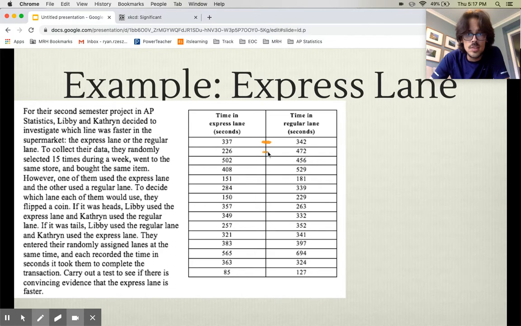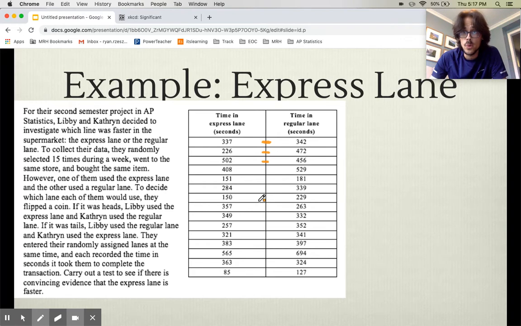The same thing with these next two numbers and these next two numbers, etc. So instead of analyzing the two separate data sets, when you have two data sets that are really linked together, because when they went at these different times, maybe the store was pretty busy right here, where at this number it wasn't as busy and stuff like that, each pair of numbers is sort of on the same playing field. It happened at the same time of day, they bought the same item, etc., etc.